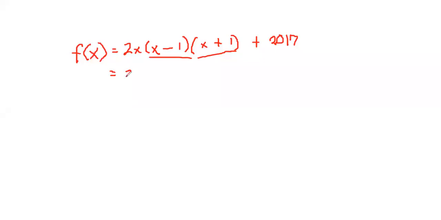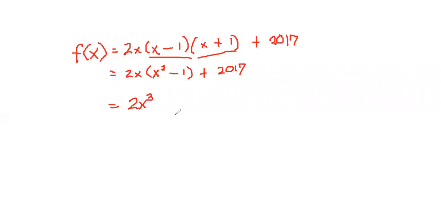So we have 2x multiplied to x squared minus 1 plus 2017. Okay? So, distributive property: 2x multiplied to the quantity x squared minus 1. Using the distributive property, 2x times x squared is 2x raised to 3.